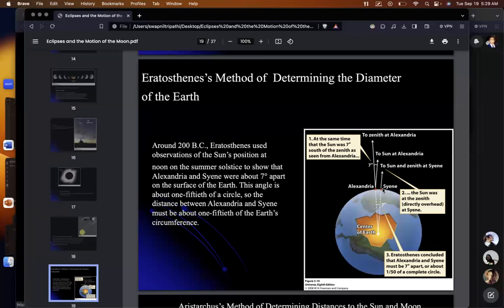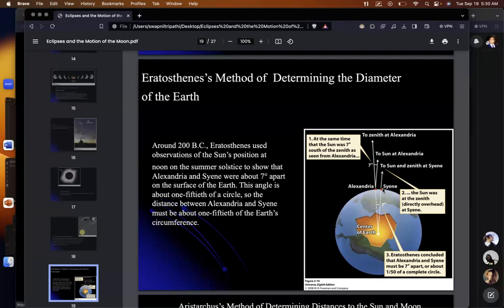So there's this interesting story that there was this place in Syene where people knew that at the summer solstice, the sunlight was able to get all the way down into a very, very deep well.